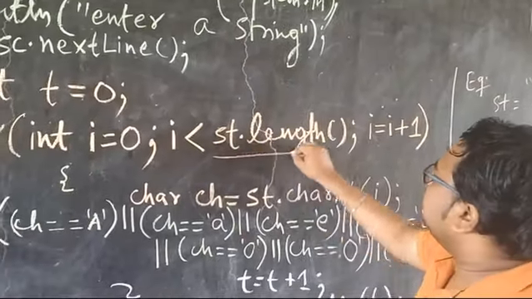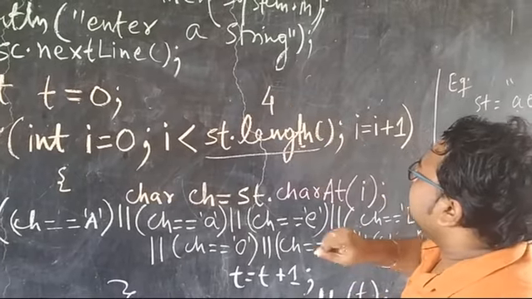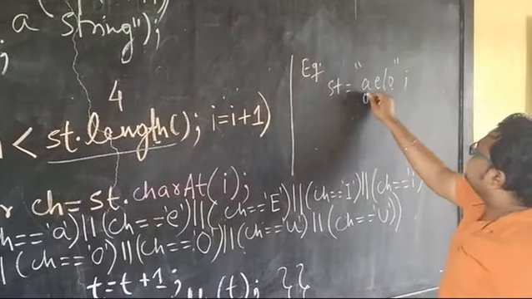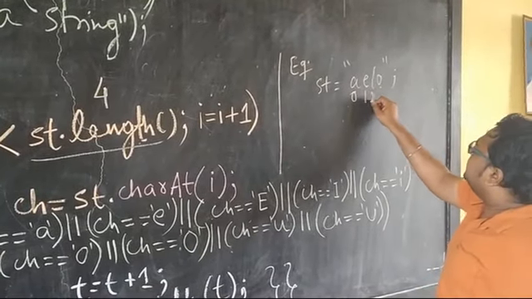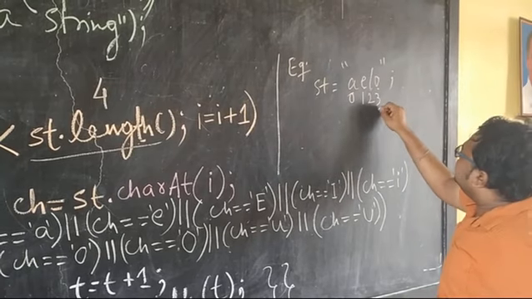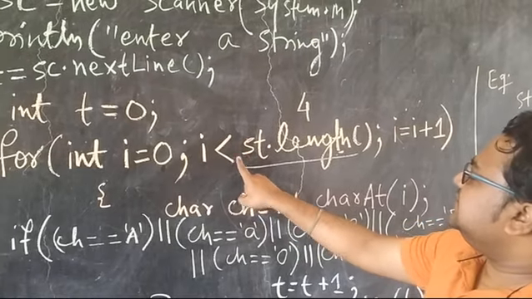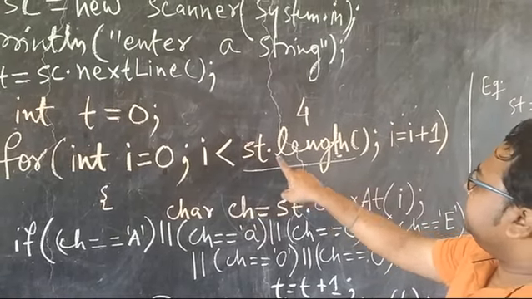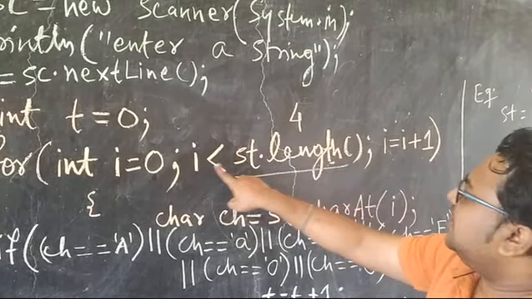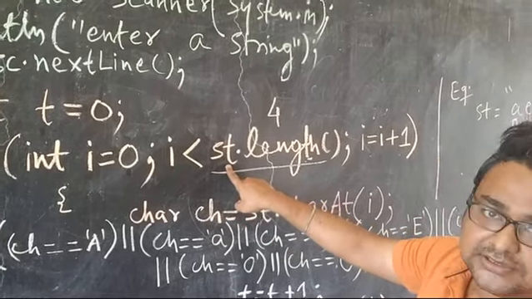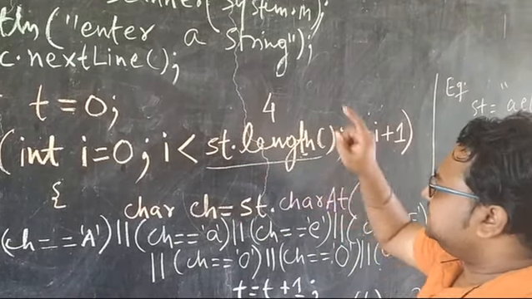That means st.length is 4. But index numbers start from 0, 1, 2, 3. I need till 3. That's why it is given i < st.length. What is the value of st.length? 4. So i will work till 3.